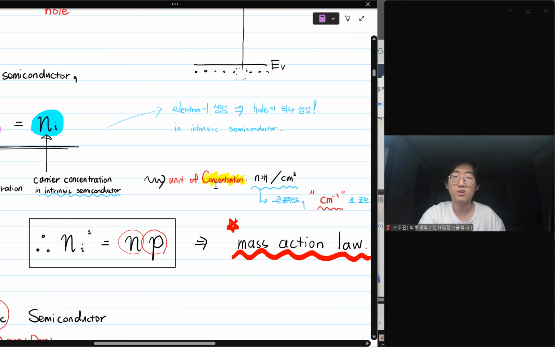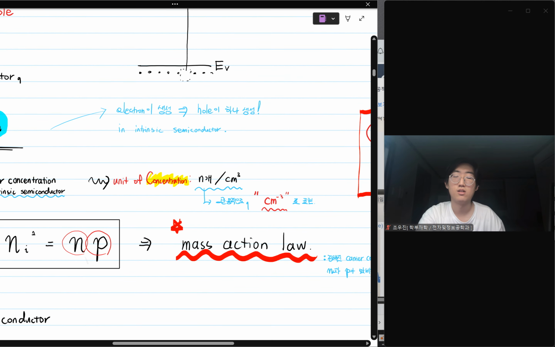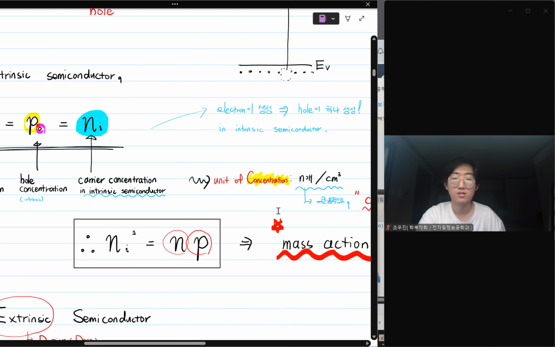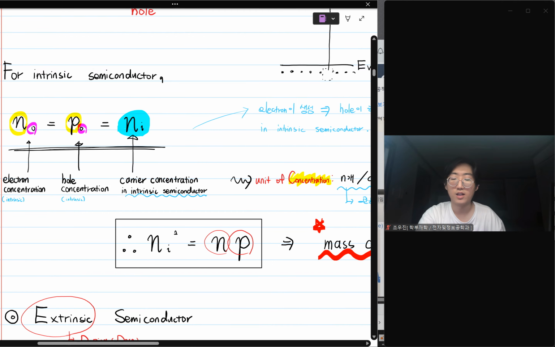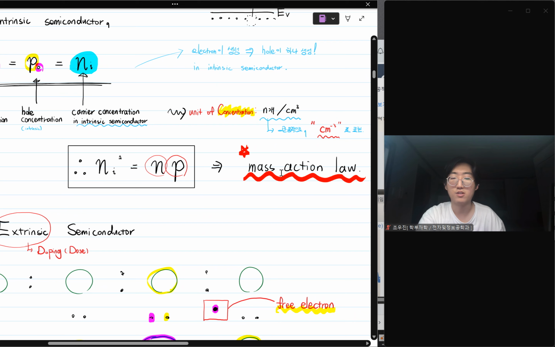The unit of concentration is centimeter to the power of minus 3. You can also know this equation, which is the mass action law.